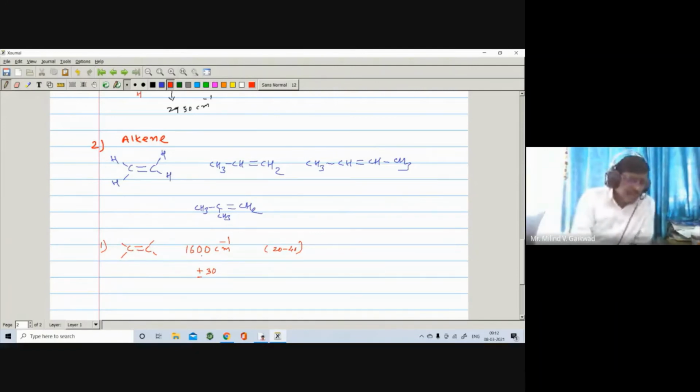In your book they have given the value for the carbon-carbon double bond of alkene.